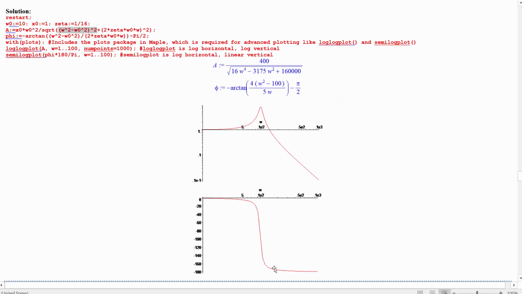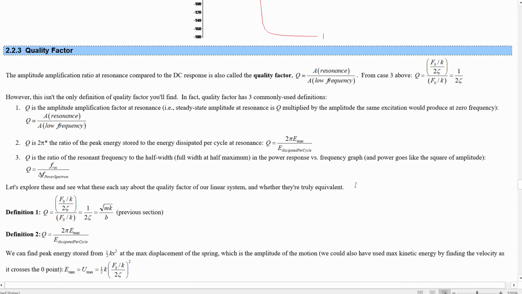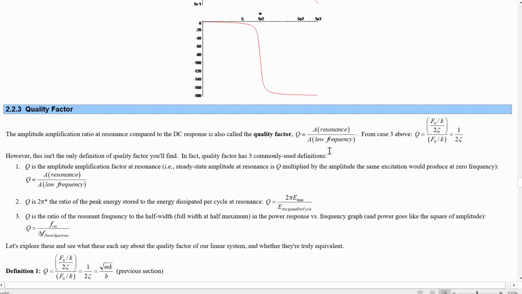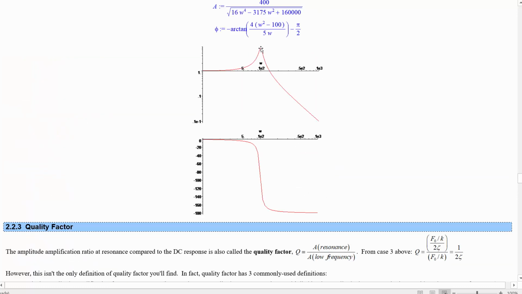We also see the phase shift stuff that we calculated before, where it's 0 phase shift at low frequency, then 90-degree phase shift at resonance, and a 180-degree phase shift at higher frequencies. Usually, this is all discussed in the language of quality factor. The quality factor of a resonator is the amplitude at resonance, this height, divided by the amplitude you would have gotten at low frequency, which in this case is 1.